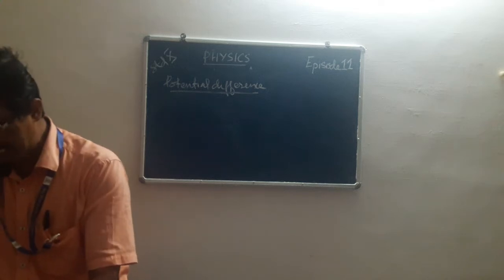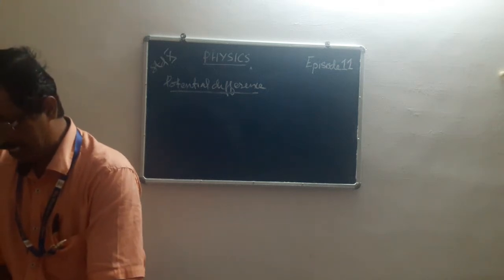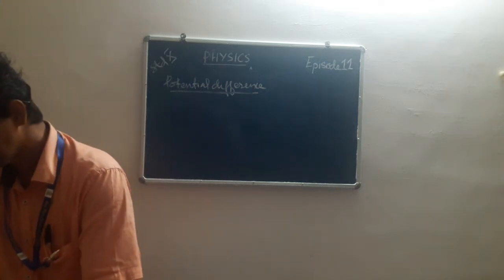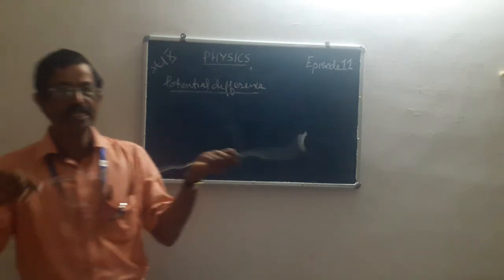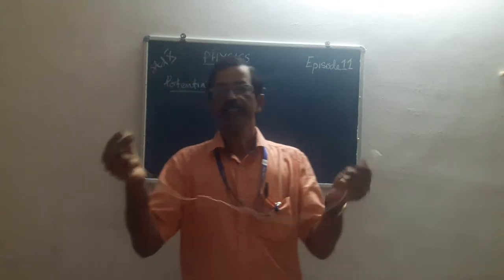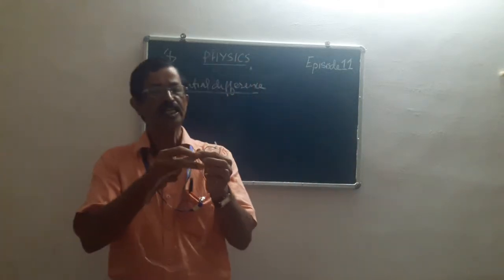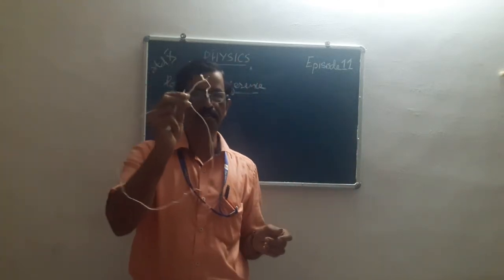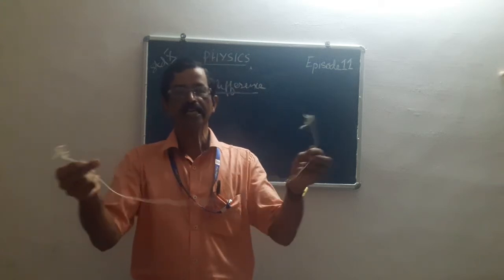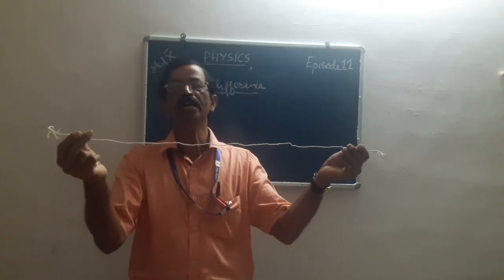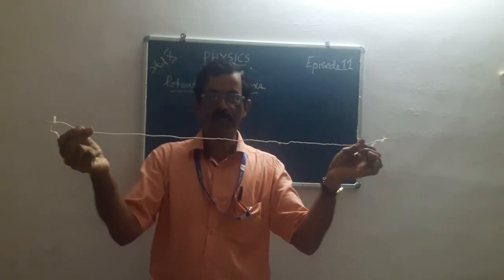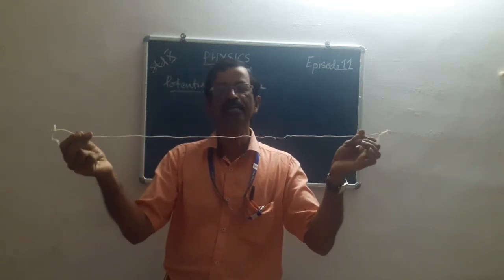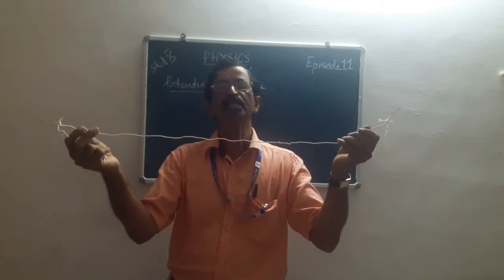See, suppose we take a metallic conductor. This is a copper wire. This copper wire now contains billions of electrons in it. Are the electrons in this moving now? Electrons are in random motion, but the average drift speed when we take it, how much will it be?